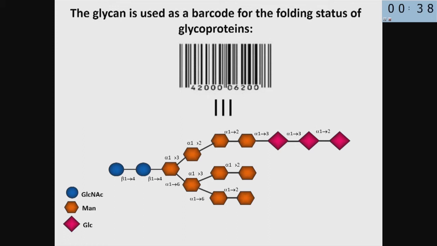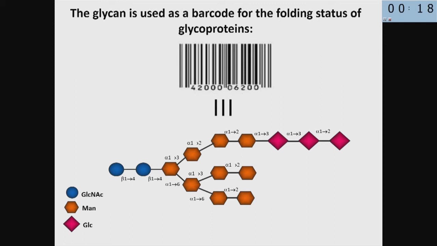So what we think happens in the cell is, first, as I said, the glycan is transferred from the lipid derivative. There's a very slow demannosylation in the cell, very slow compared to the deglucosylation.